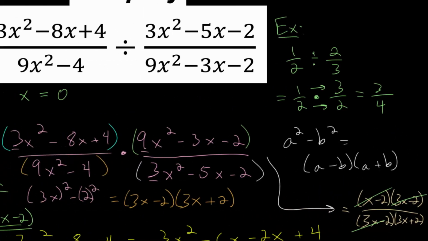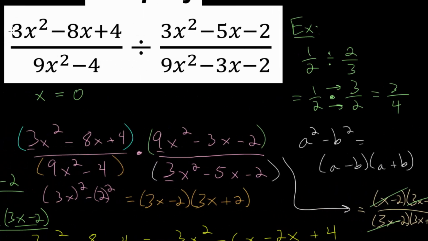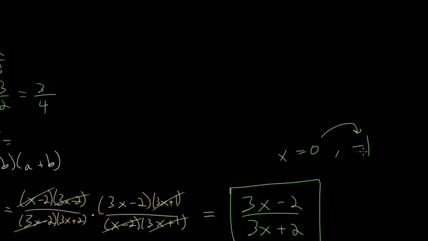But let's try that here. If we plug in 0, all these terms just go away. So we get 4 over -1, or -4, which simplifies to -1. We're dividing that by -2 over -2, which is 1. And -1 divided by 1 is -1, which, as you saw here, was the exact same thing we got with our simplified expression.